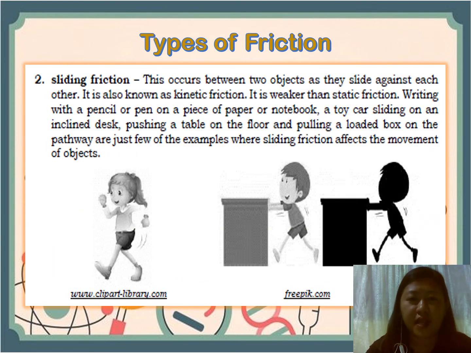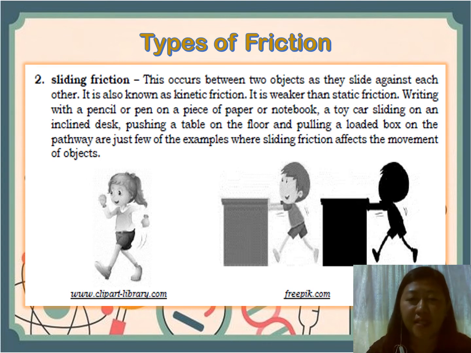Okay, the next type is sliding friction. This occurs between two objects as they slide against each other. It is also known as kinetic friction. It is weaker than static friction.